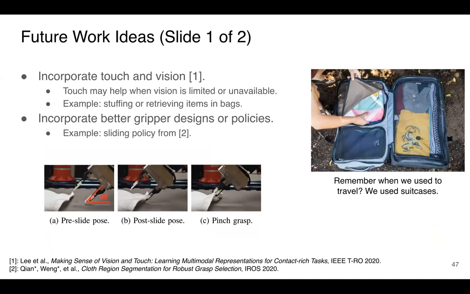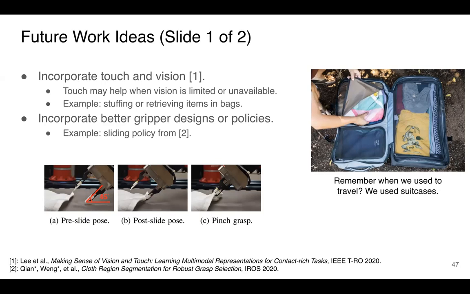Other future work ideas that I'm very interested in pursuing are, first, multimodal sensing. I worked a lot on vision-based policies for robotics, but other senses like touch sensing could be very useful, especially when vision is limited or unavailable.